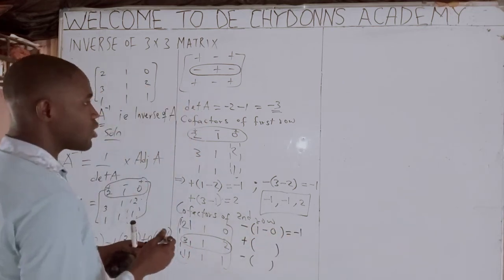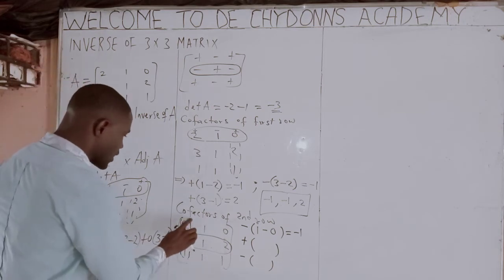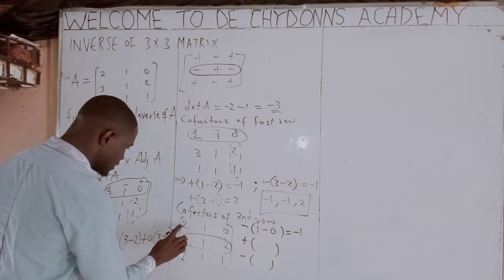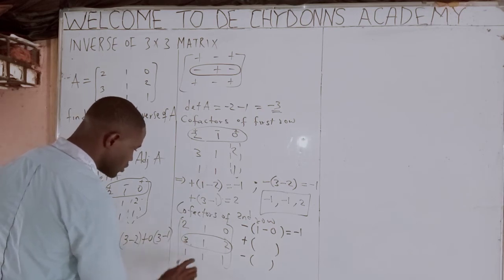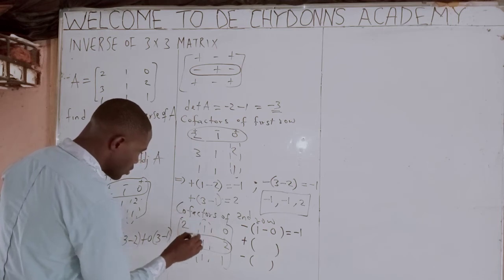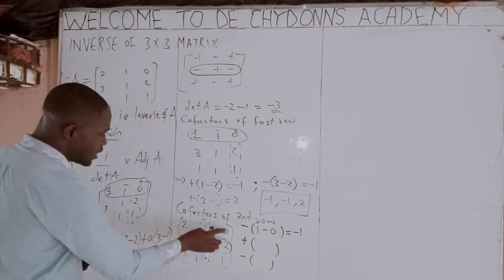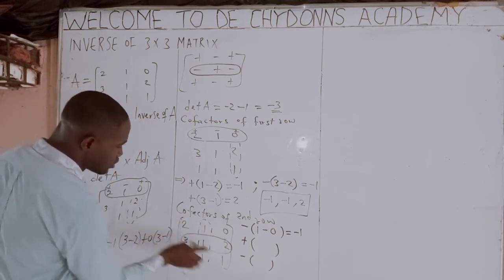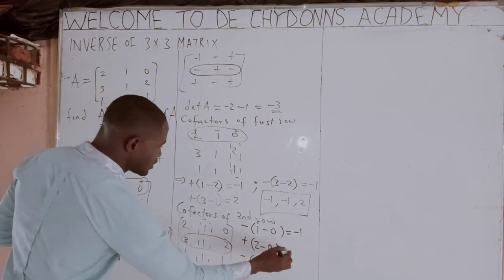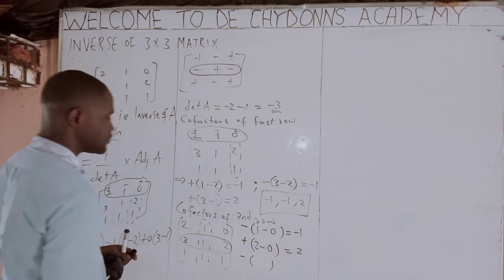Okay? We now come again. We clean the first column we circled before and circle the second column. 4 elements appear. Get their determinant. 2 times 1, 2, minus 1 times 0, 0. Everything will be 2.